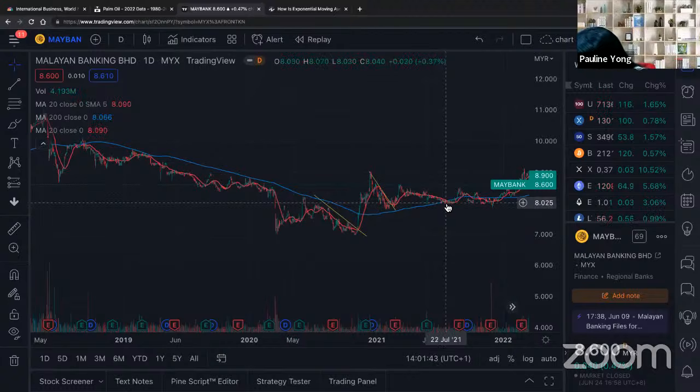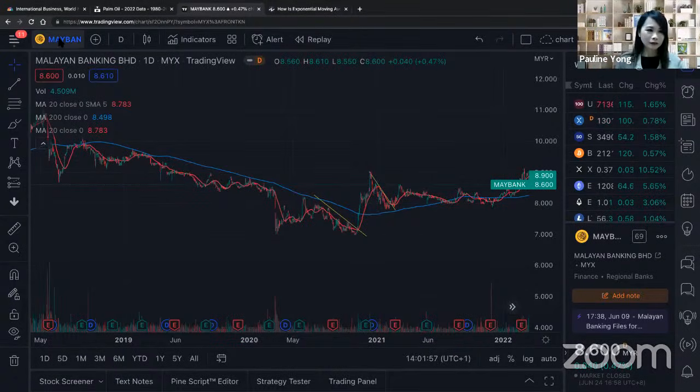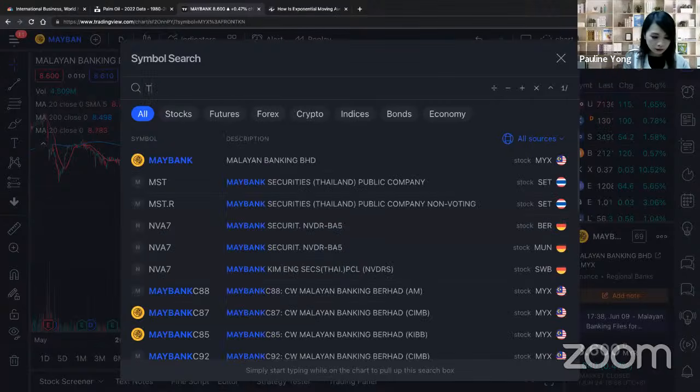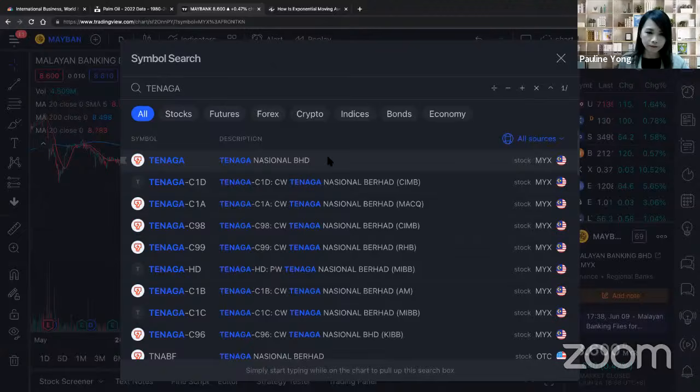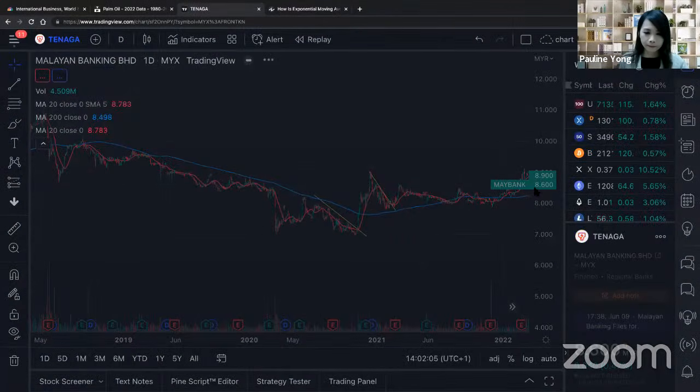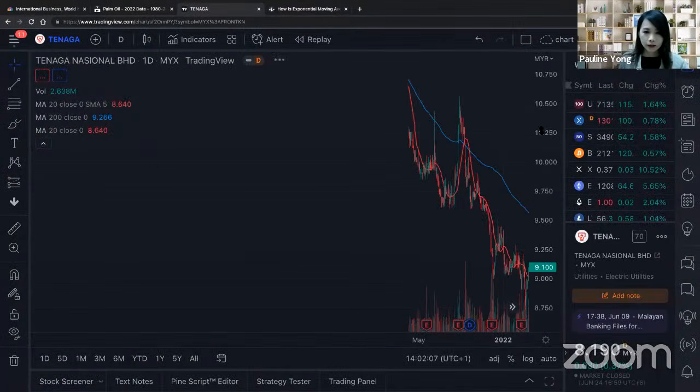Okay, do we need to stick to one particular MA, or should we vary it? So for example, Tenaga is also another slow stock.